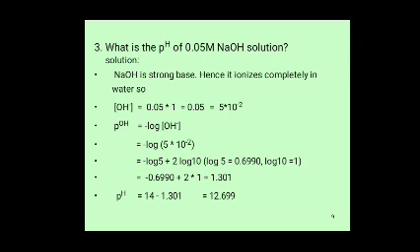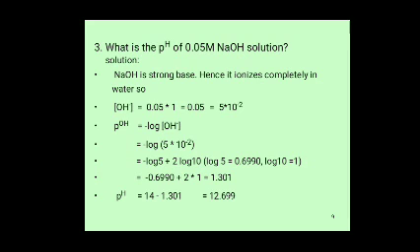So this one is a base solution of NaOH, and its pH value is calculated by using this method. First of all you find the molarity, then convert it into normality. Then pOH is equal to minus log of OH minus ion concentration, minus log 5 into 10 to the power of minus 2.